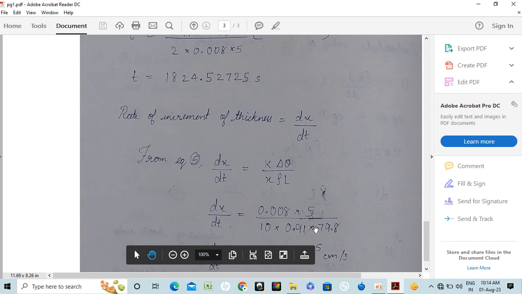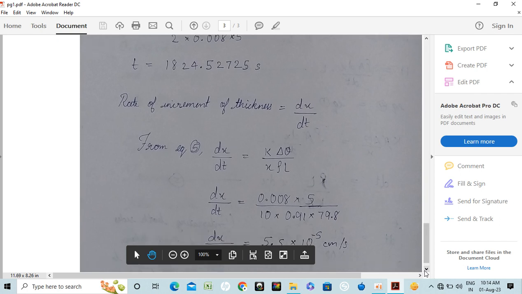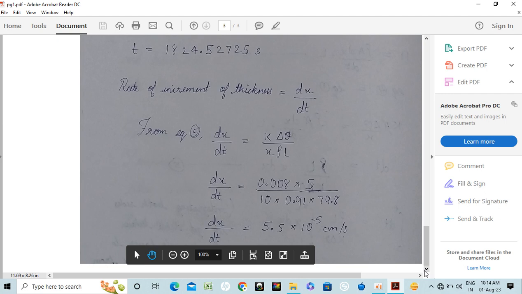We have to find the rate of increment of thickness, so we are taking here the x1 value, 10 centimeters. Now on calculating it, we get dx by dt equals 5.5 into 10 to the power minus 5 centimeter per second. So we have found the rate of increment of thickness. It is 5.5 into 10 to the power minus 5 centimeters per second.